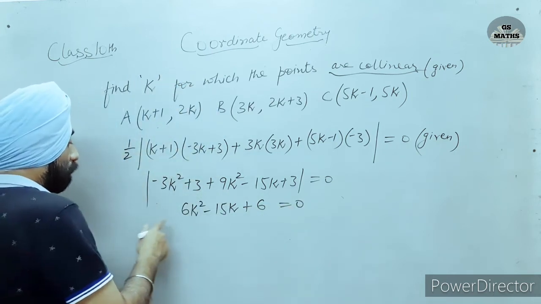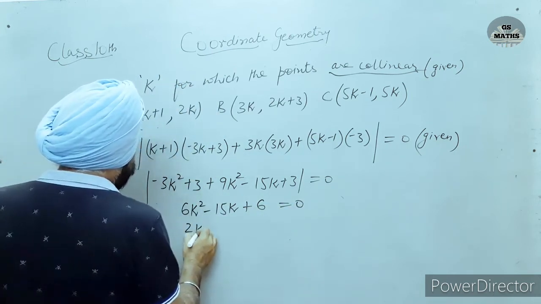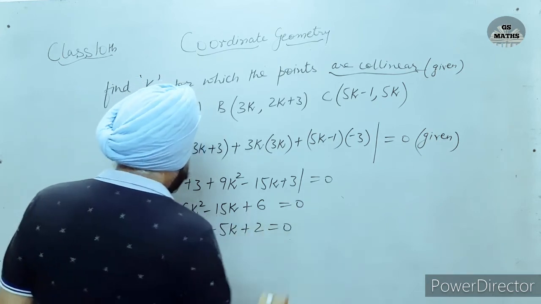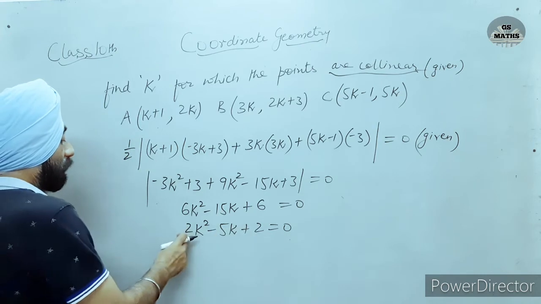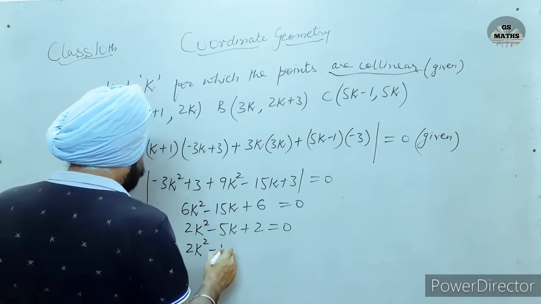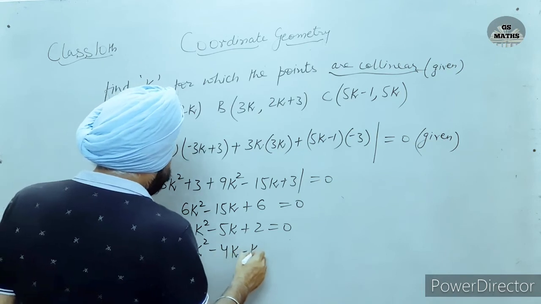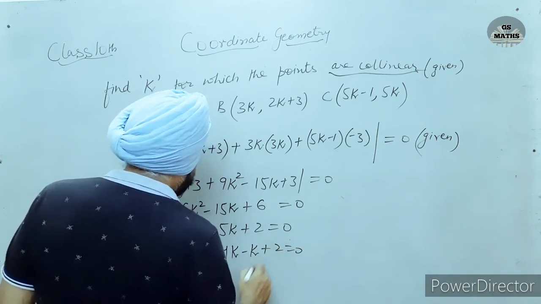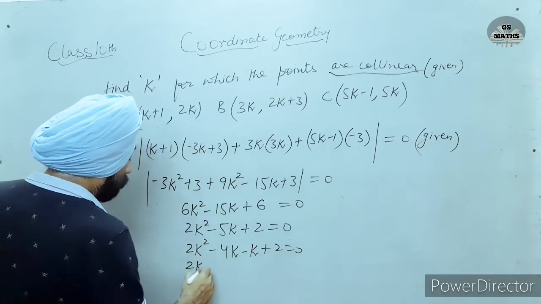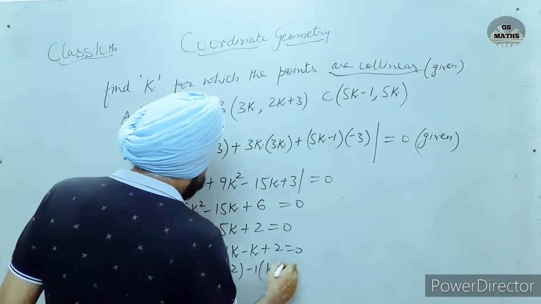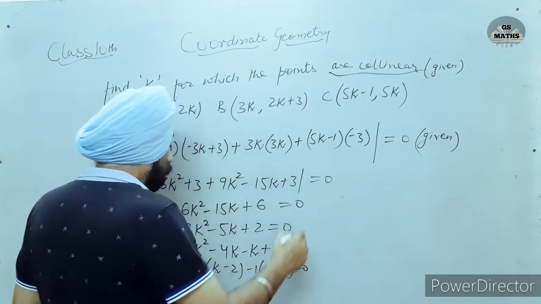Now 3 is common throughout, that is 2k square minus 5k plus 2 equals 0. Just solve this equation. I need 2 twos are 4, that is 2k square minus 4k minus k plus 2 equals 0. I have split the middle term, right? 2k is common, that is 2k (k minus 2), minus 1 is common, (k minus 2) equals 0.